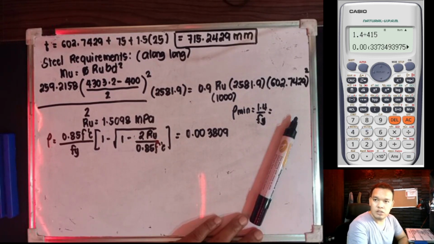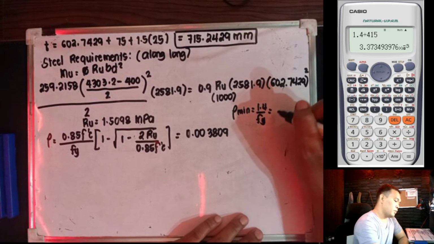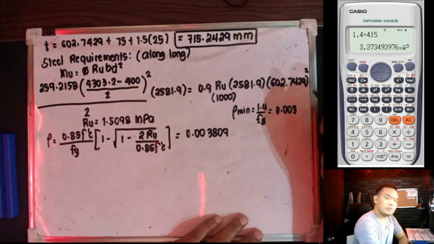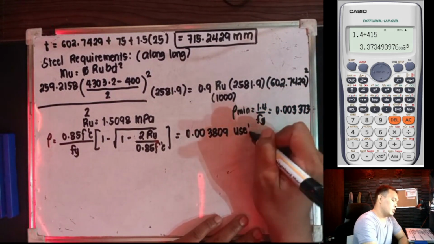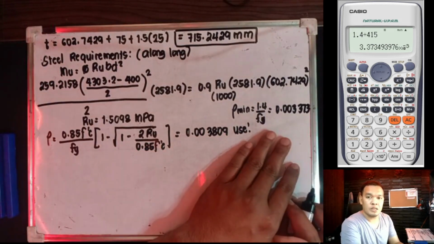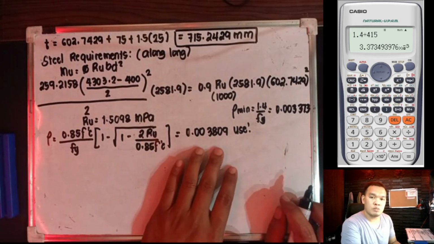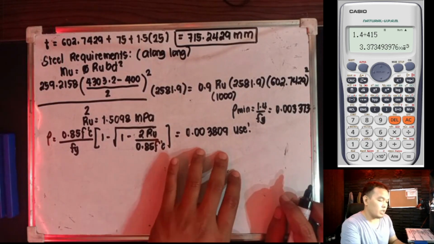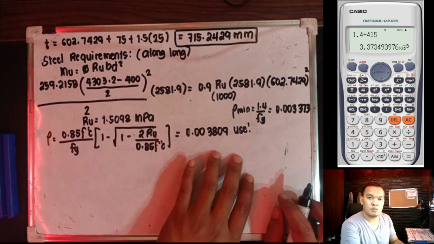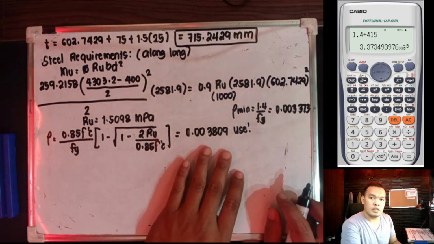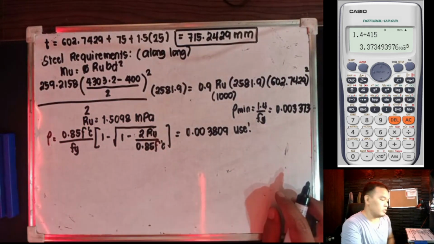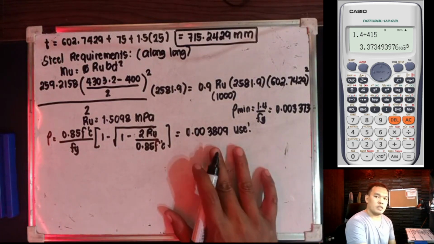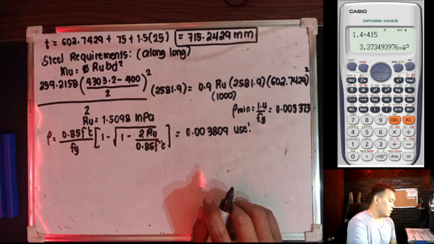So we have 0.003373. Okay, so use rho because it is larger than rho min. But double check it against rho max as well. I know rho max is only 0.0-something, so we can skip considering it, but for the sake of completeness, you should also compute rho max.